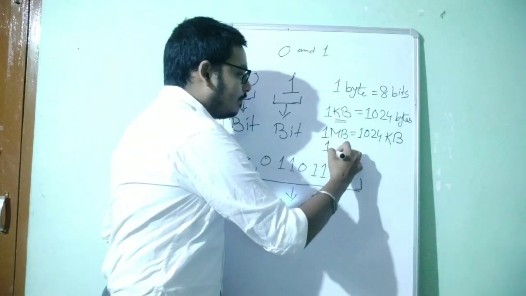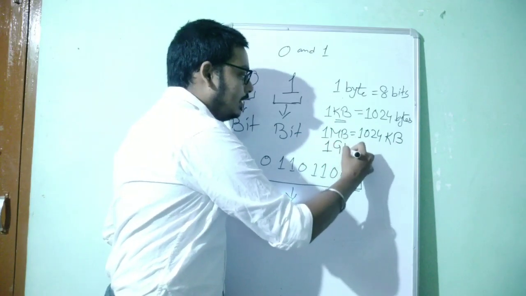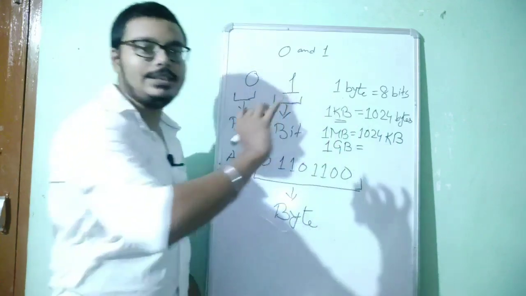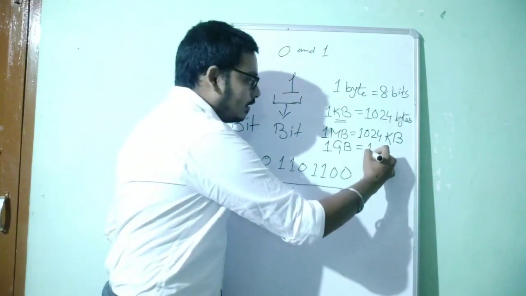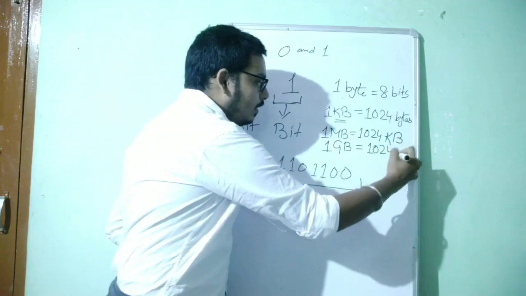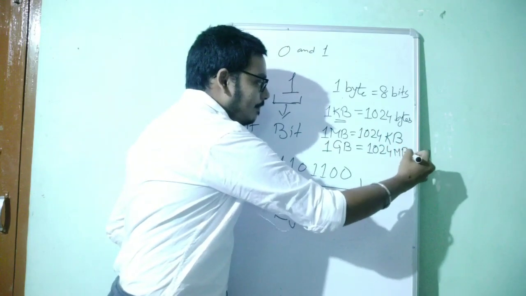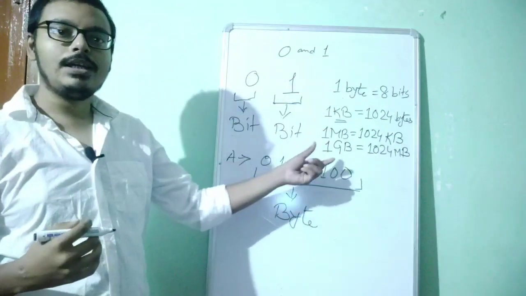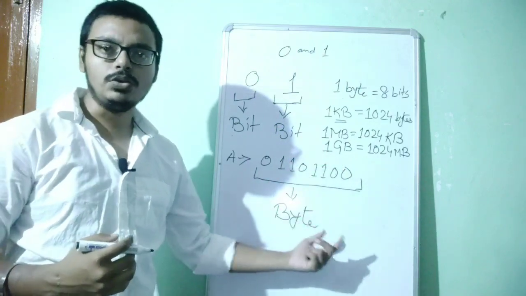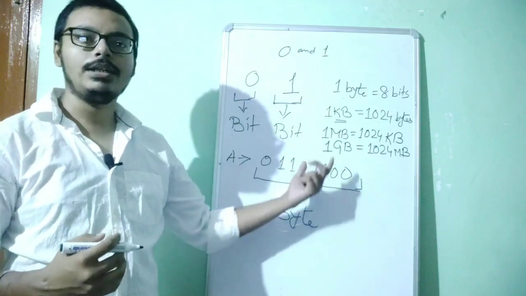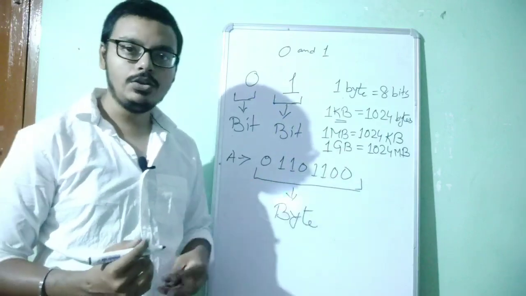Similarly, after MB we go for GB, that is gigabyte, and that size is 1024 MB. Similarly, after GB there will be TB, then it goes on. TB means terabyte. So in this process it goes on.